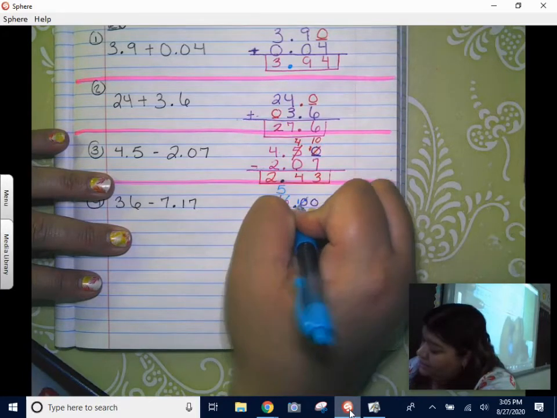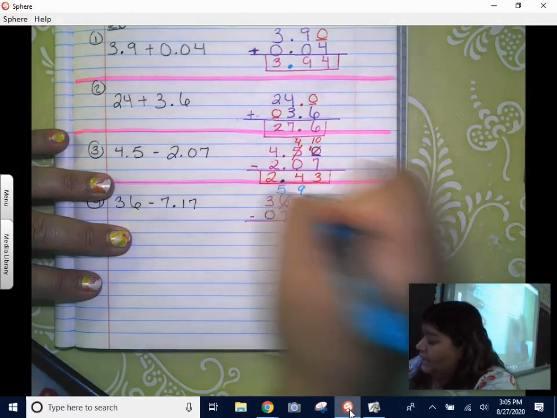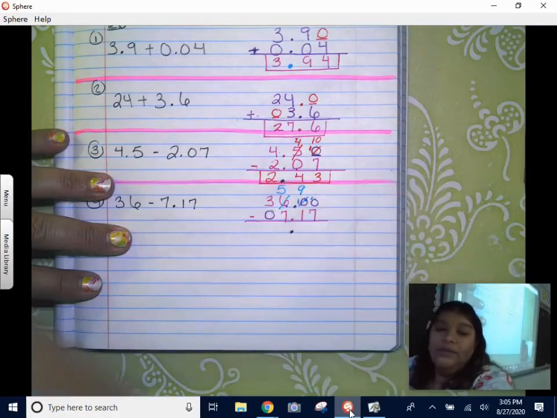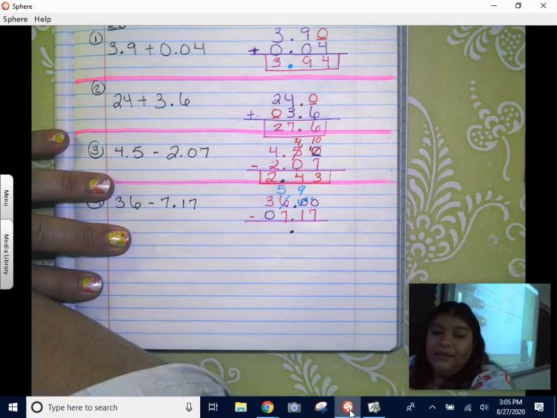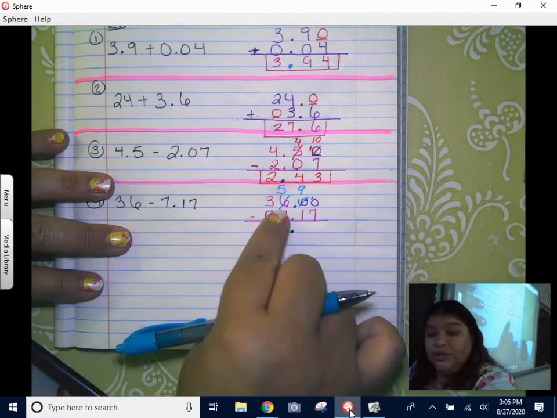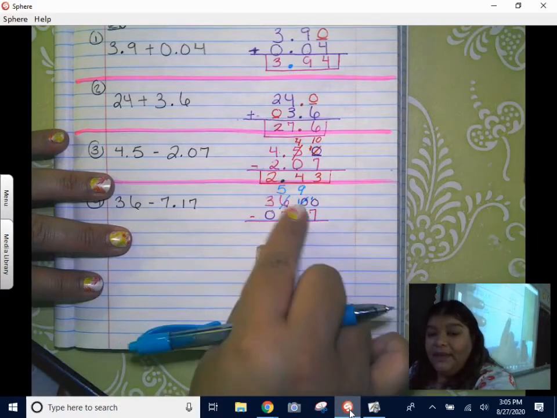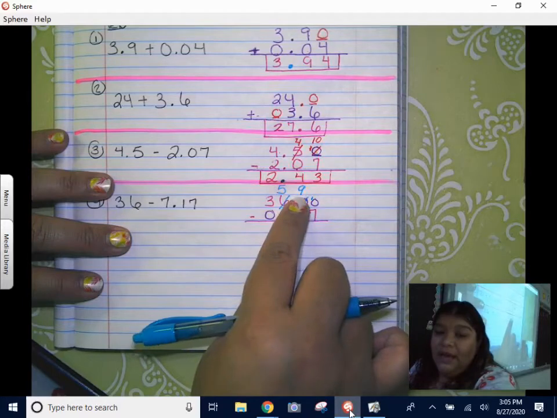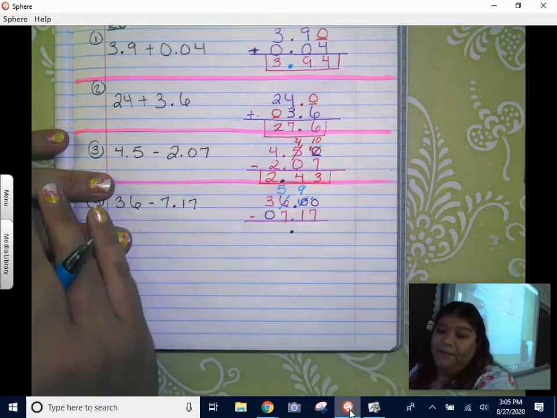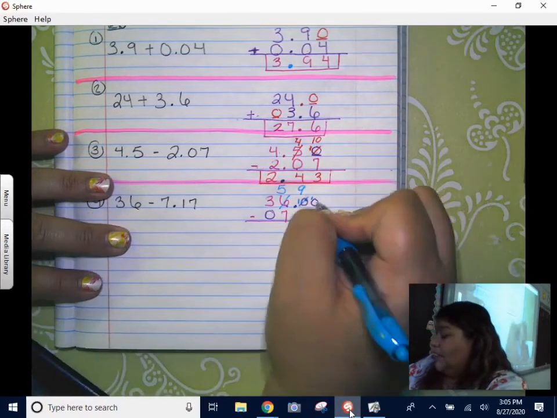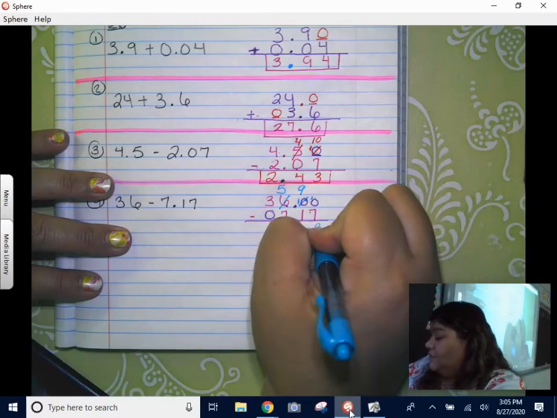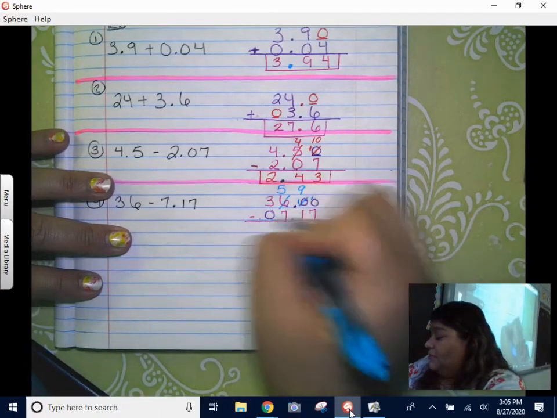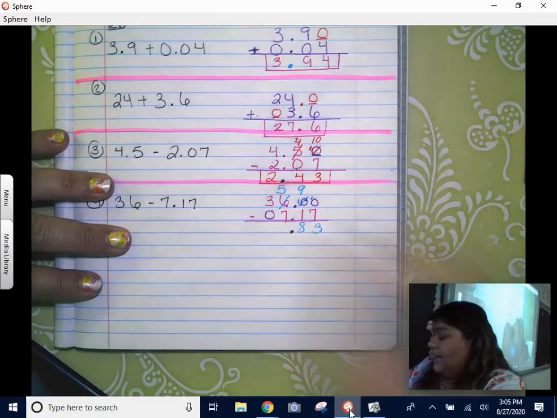So cross him out and he turns into a 9. And that leaves this guy with 10. Okay. So again, I borrowed from the 6, turned into a 5. That made him a 10. Then I borrowed 1 from him that turned him to a 9, and that gave me 10. Okay? So then 10 minus 7 is 3. 9 minus 1 is 8.